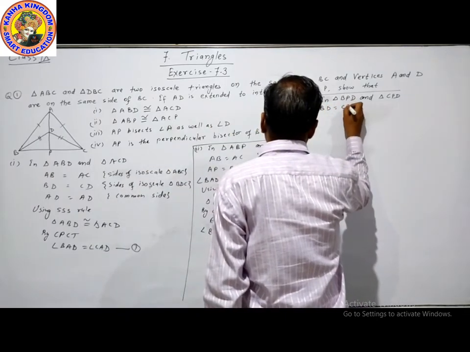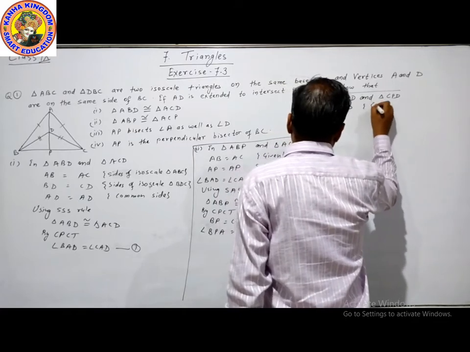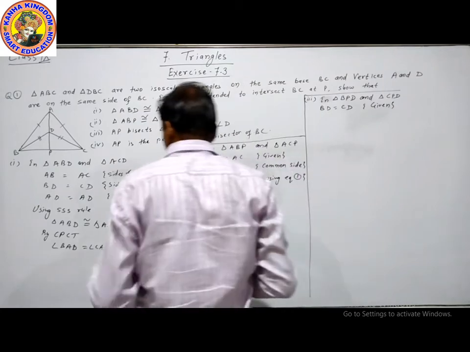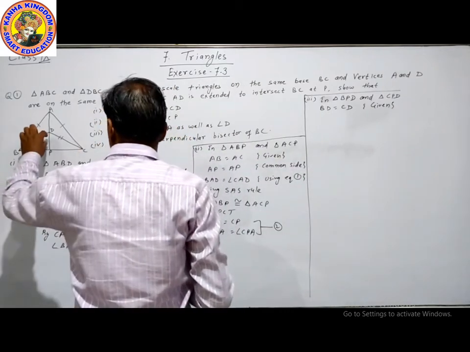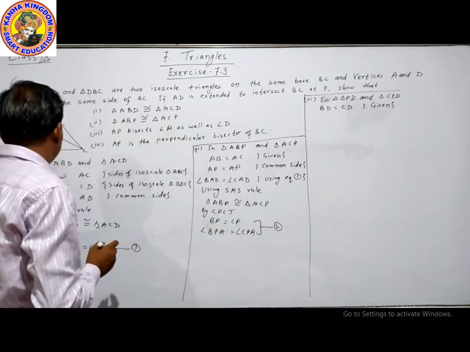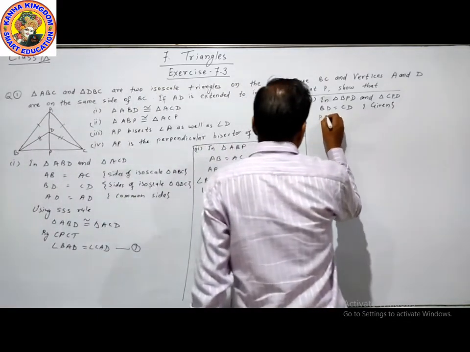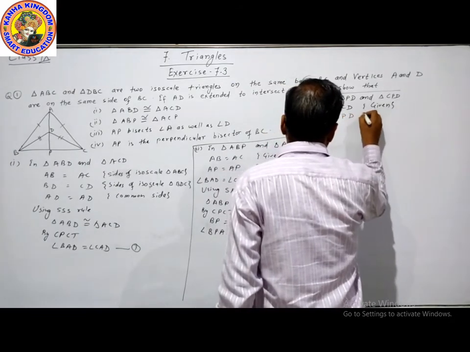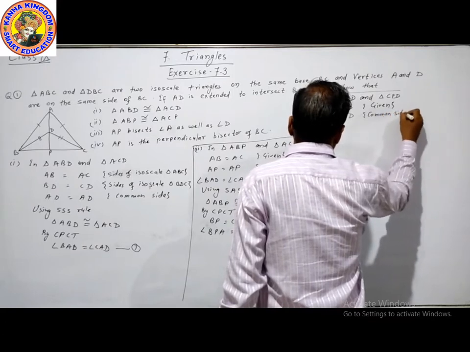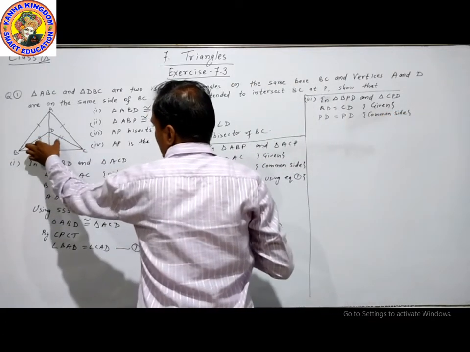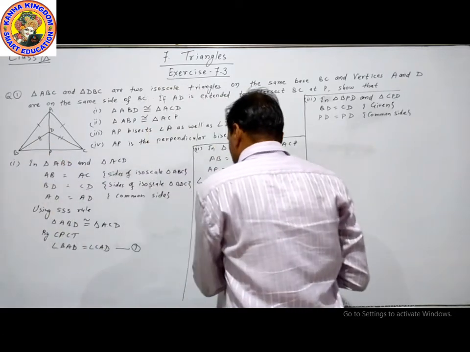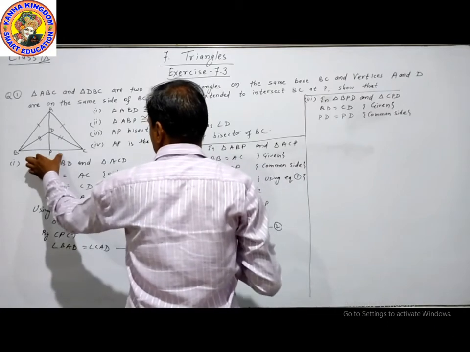BD is equal to CD, which is given, and PD and PD is the common side. This side is equal, this is our common side, and BP and CP is equal.